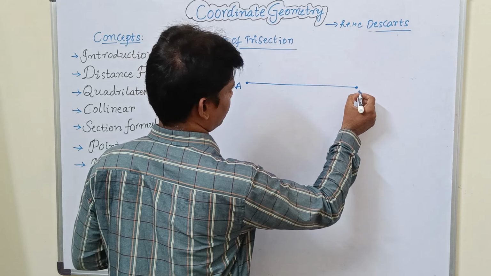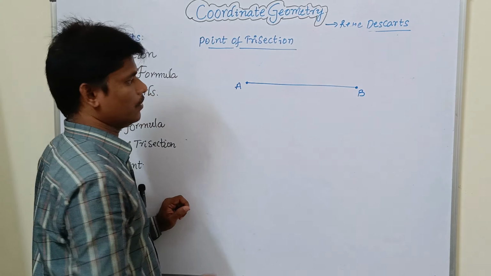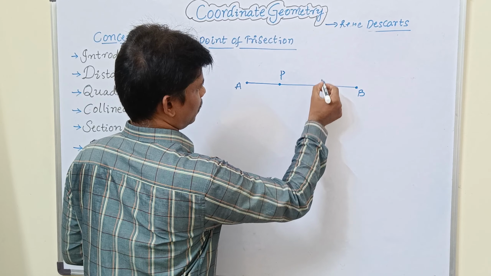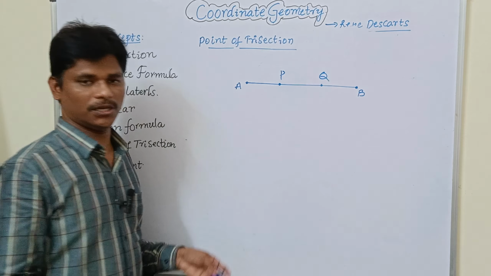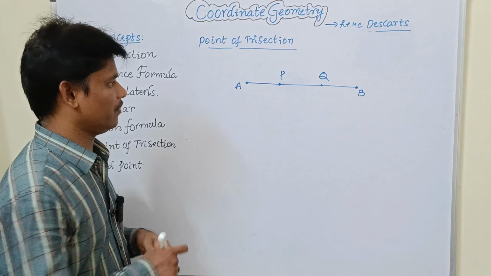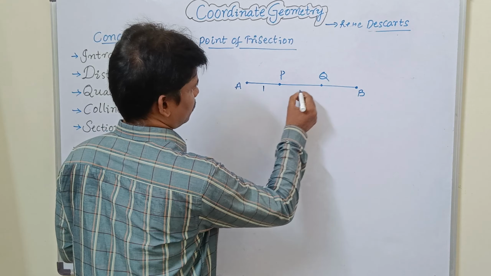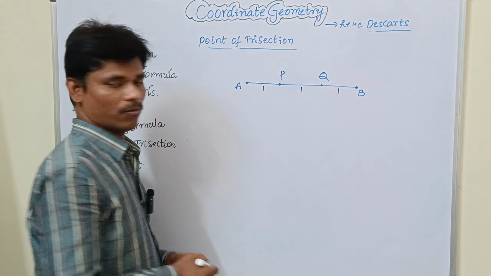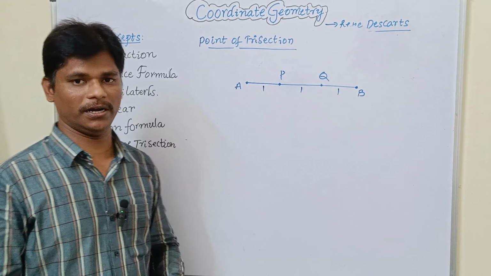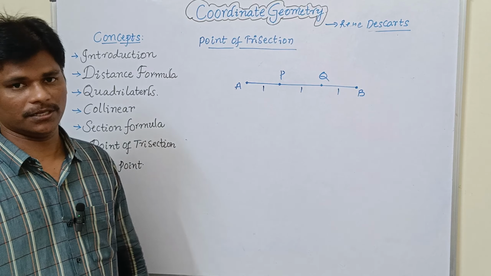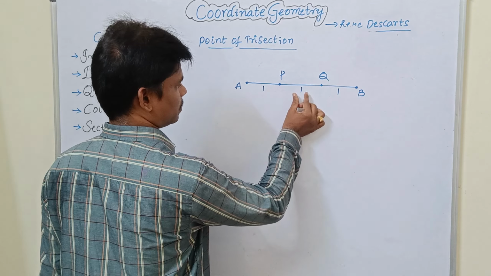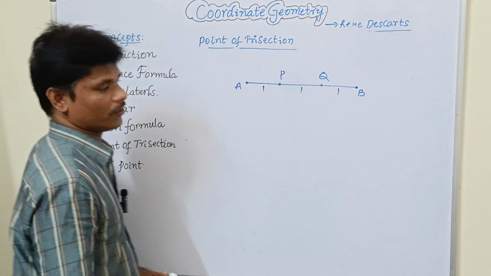Suppose AB is a line segment, and 2 points P and Q equally divide it. Equally divides means this distance is 1, this distance is 1, this distance is 1. Then only these 2 points P and Q are called points of trisection. So the distance is 1, 1, and 1.